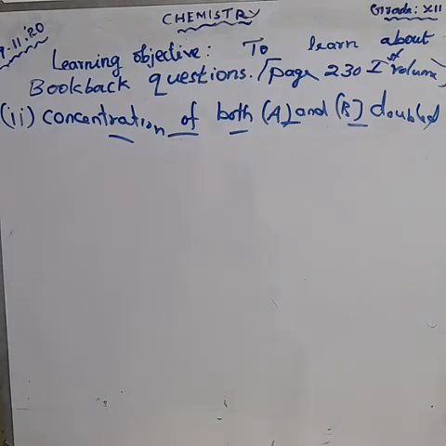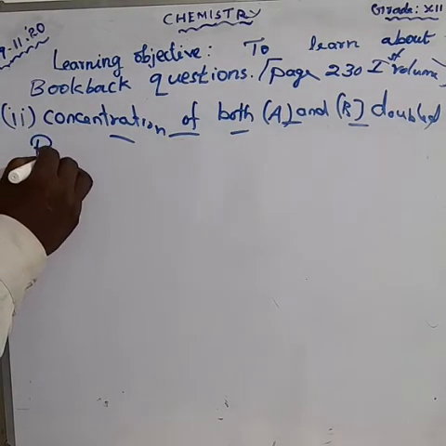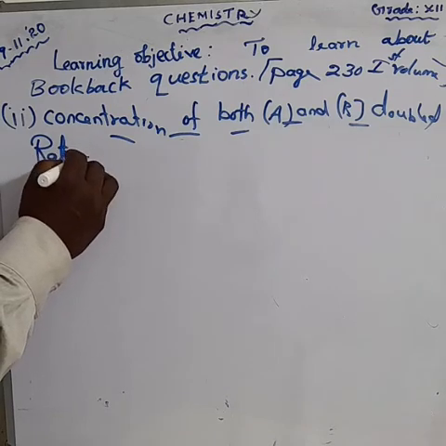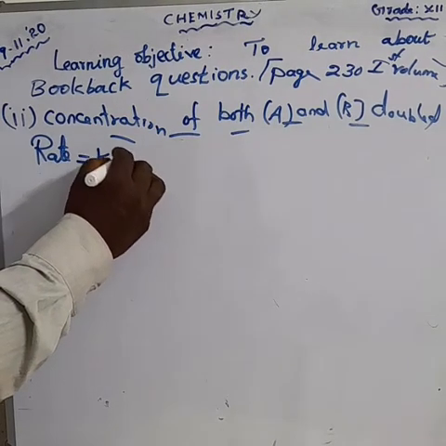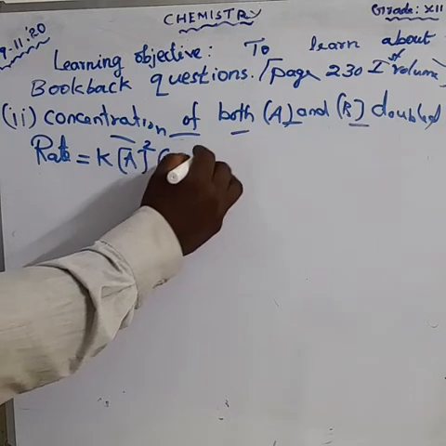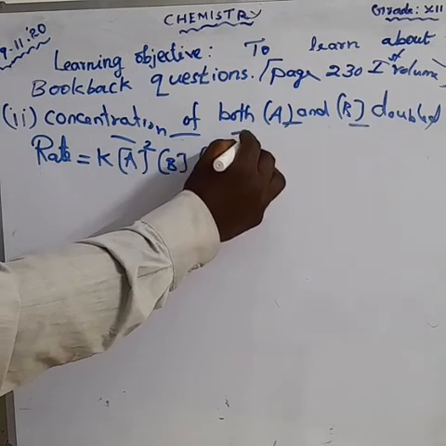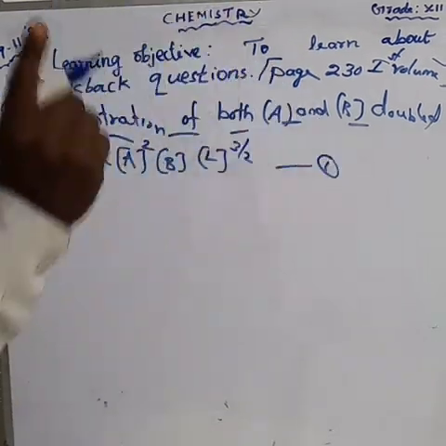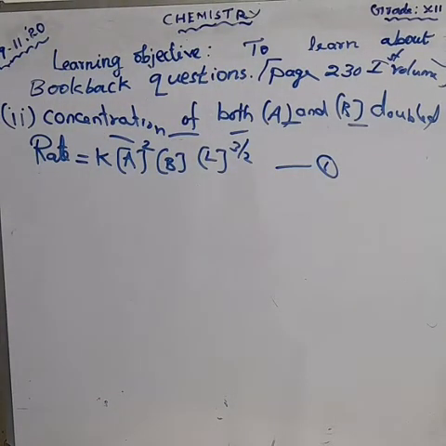First of all, you should write the rate equation. What is about the rate equation? Rate equal to K A square B L 3 by 2. This is always taken as equation number 1. What are the given factors?